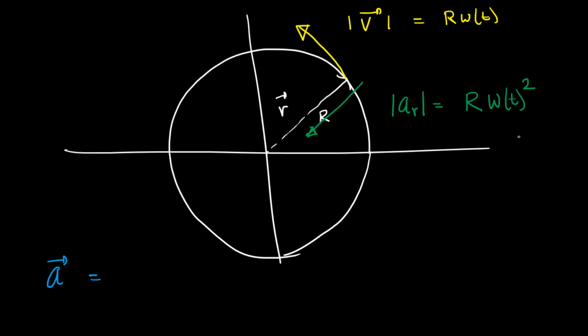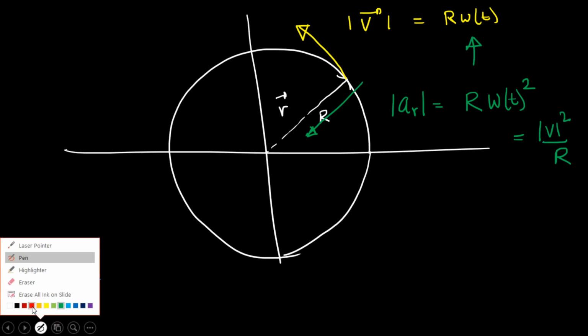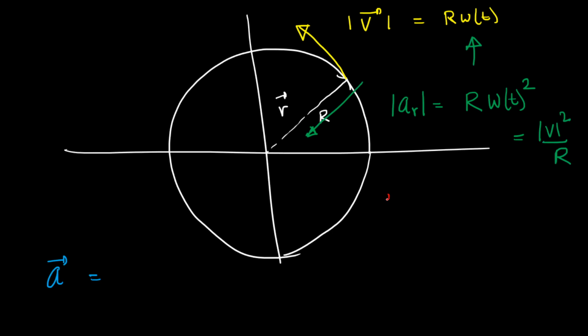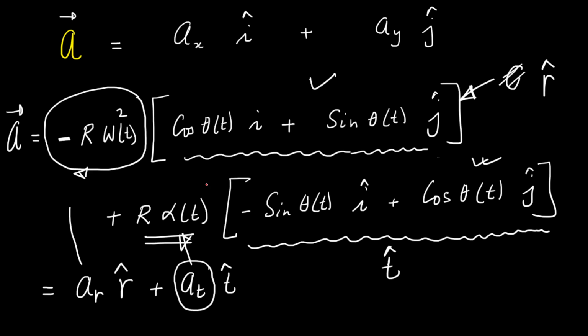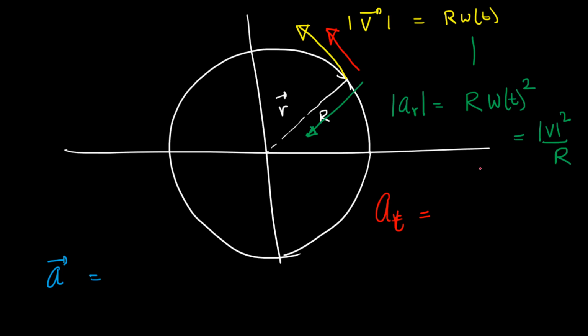And by the way, you can continue to call this mod v square by r, as you can quickly check from here. No big deal here. But the real big achievement is A tangential. So A tangential is equal to, as you can see from here, r alpha.